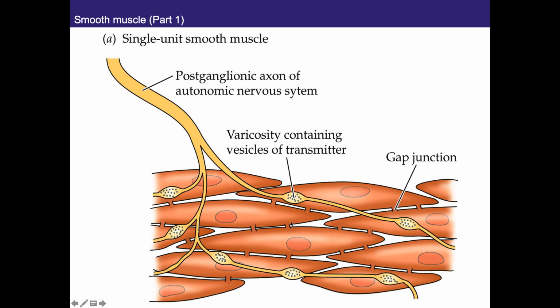This allows for calcium, once it floods into the intracellular space, to easily move from cell to cell to cell, so that all of these cells contract as one unit. When this motor neuron is activated, all of these smooth muscle cells contract as one single unit. Helps to coordinate the contraction.